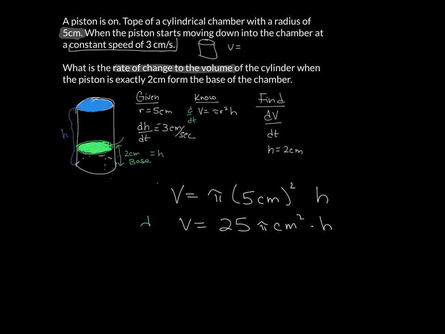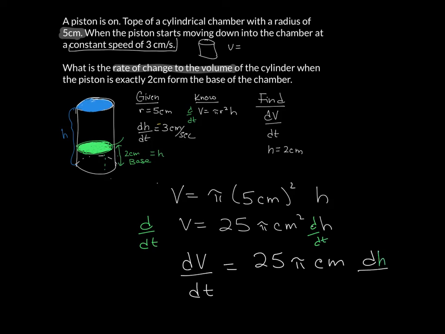Again, take d/dt of both sides, and then you're left with dV/dt is equal to 25 pi centimeters. That's a constant, that doesn't change. And then the derivative of h with respect to time is just dh/dt, and the derivative of h is just 1.